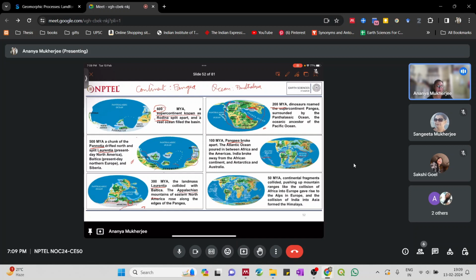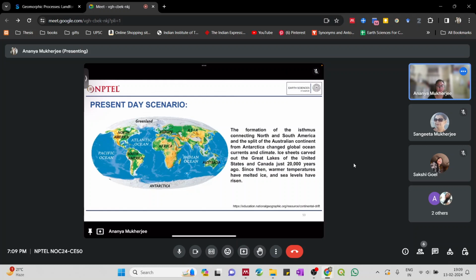And around 50 million years ago is when different pieces of the large Pangaean continent started colliding with each other and structuring themselves as per the current tectonic setup, or the continental setup, that we have.